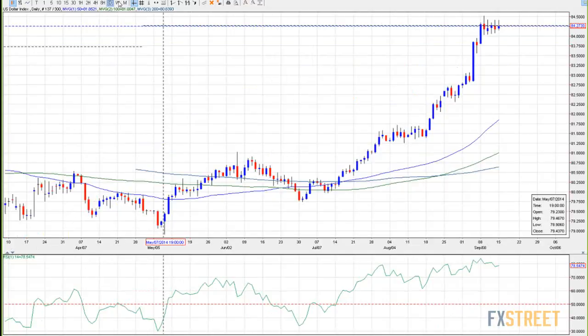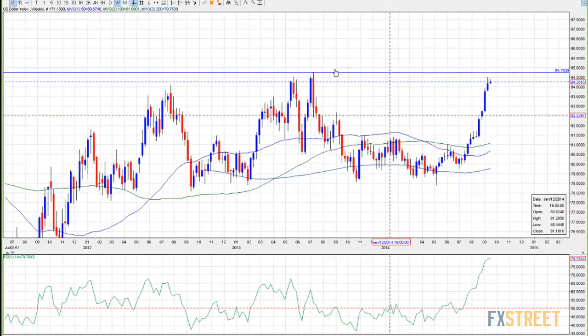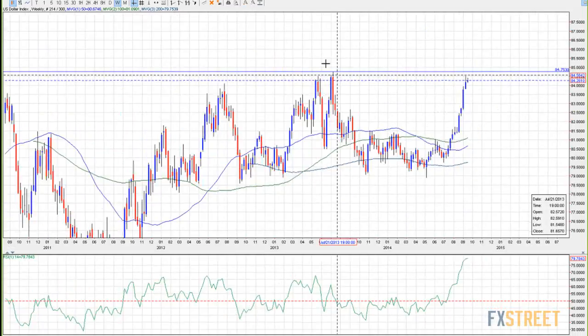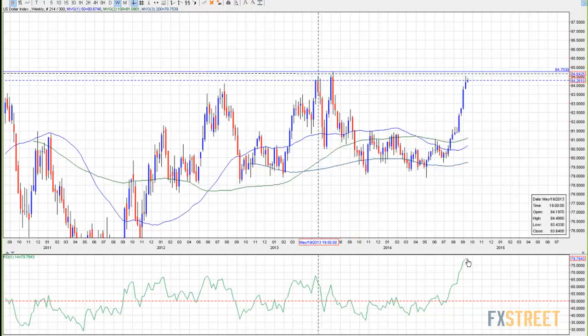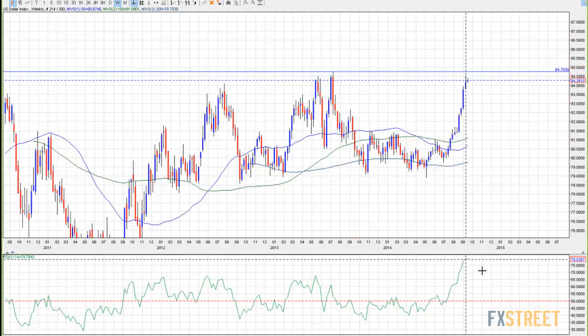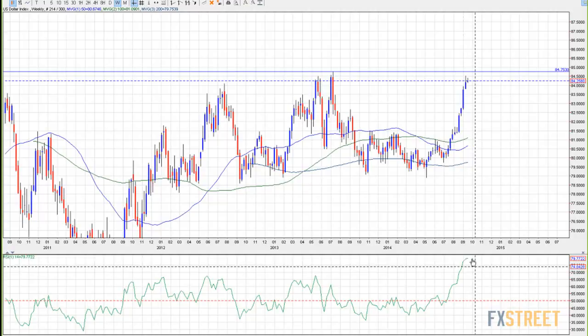The weekly chart shows we're approaching the 2013 highs at 84.75, and the RSI in the dollar index is in very overbought territory. So we might see some consolidation around the 84.75 area, especially if the FOMC doesn't give us any hawkish expectation.